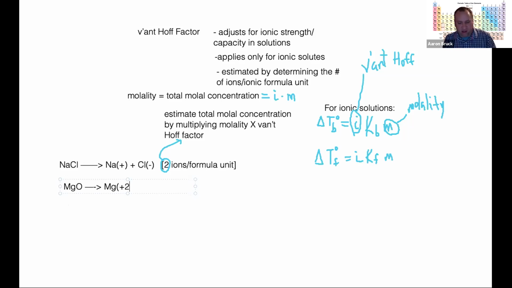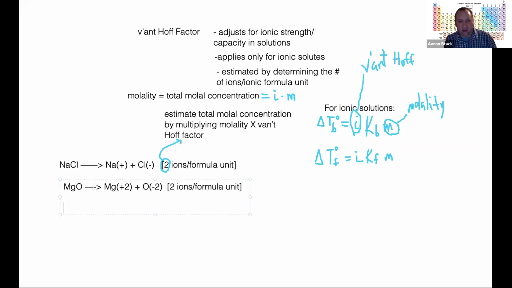So if I have magnesium oxide, it would give me a magnesium ion and an oxide ion. I would end up having 2 ions per formula unit. So my Van't Hoff factor would once again be 2 in this case.